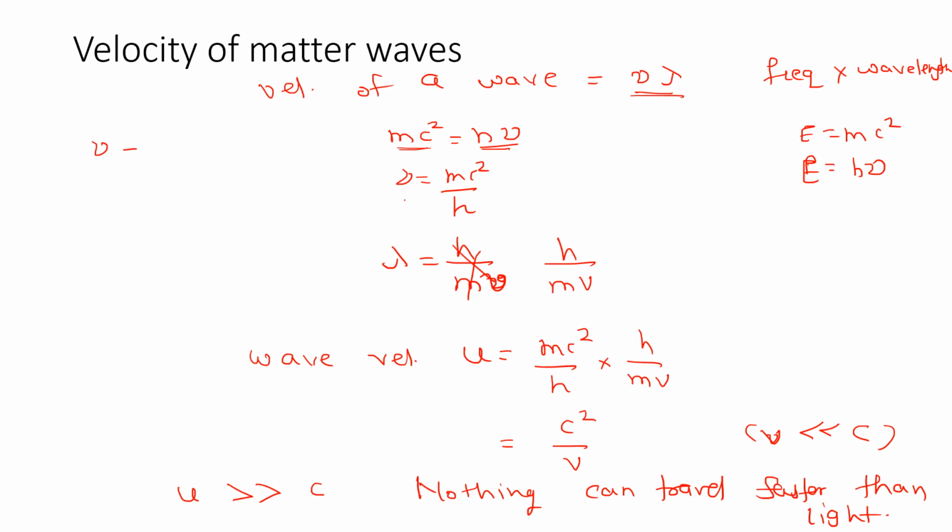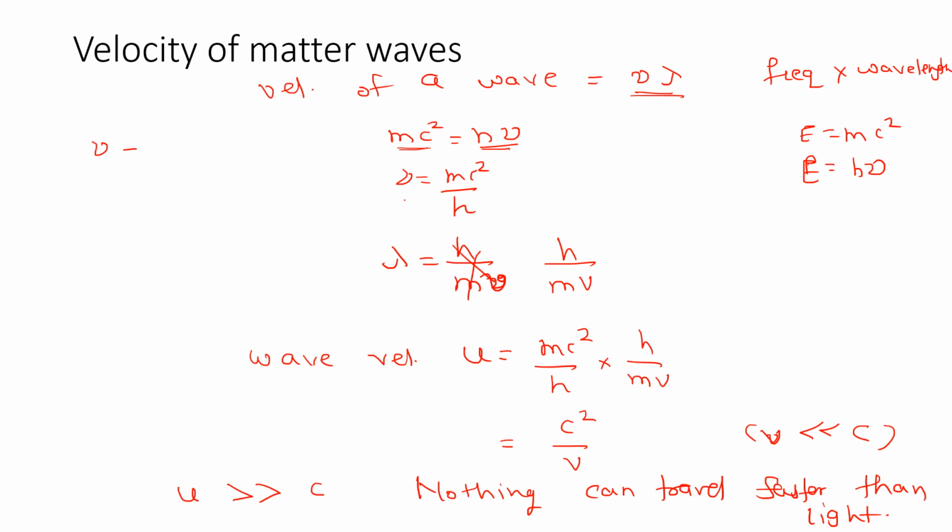If we attach a wave nature, then the wave velocity comes out greater than the velocity of light, which cannot be true.